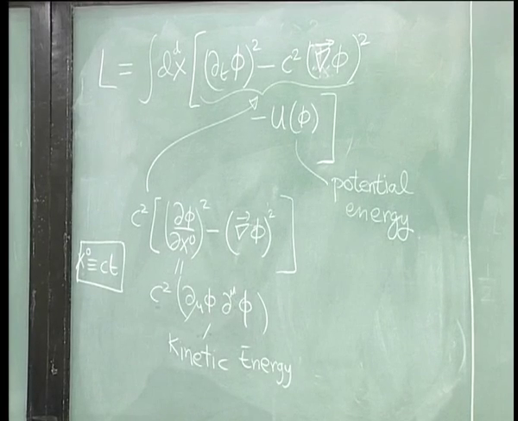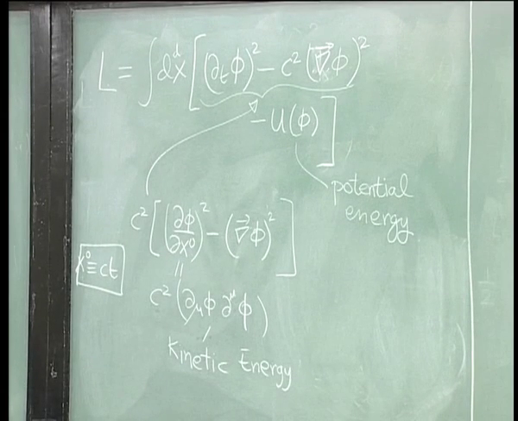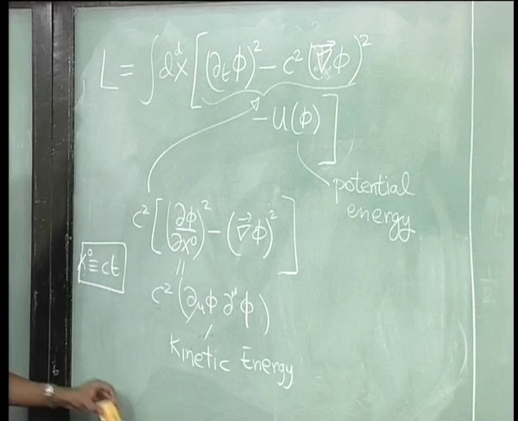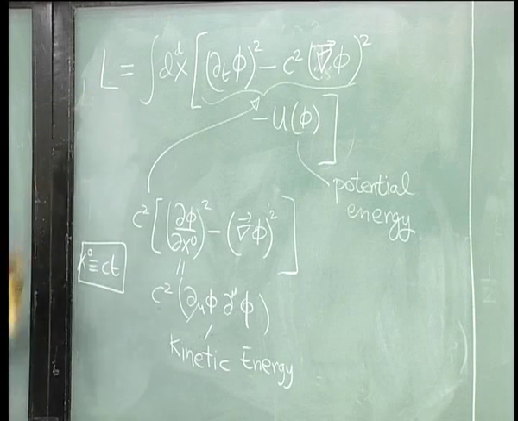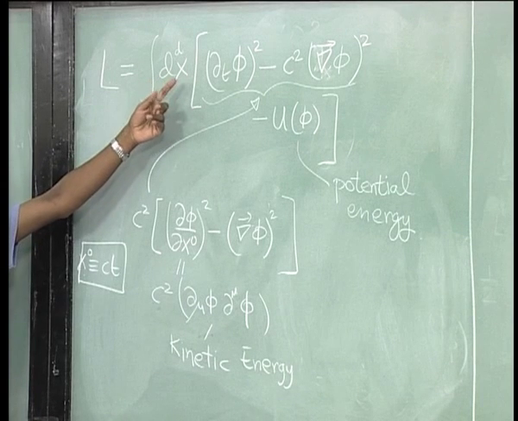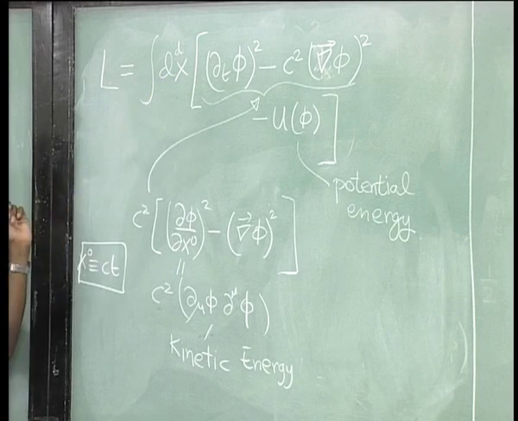Okay. So, this is how you would write things. And one more thing you can see is that even though the Lagrangian, this measure d^4x, is clearly not invariant under just Lorentz transformations, the full action is.